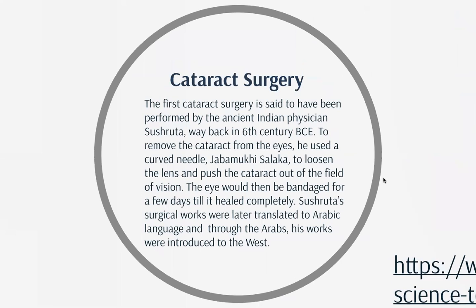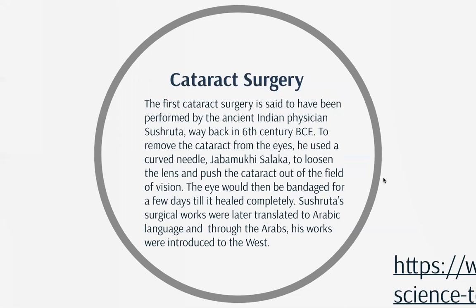Cataract surgery. Now, this is another really interesting one. In a country like India, close to the equator for the most part, where it's very bright and sunny, cataracts are a big problem because the bright light can actually exacerbate the problem.